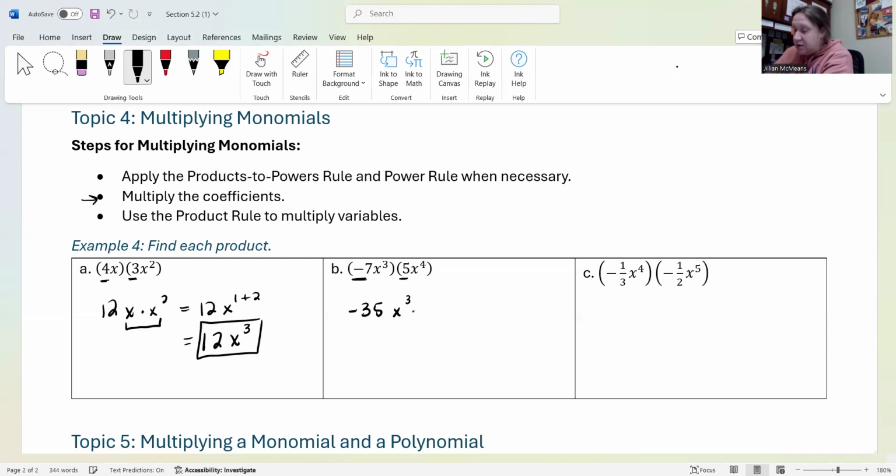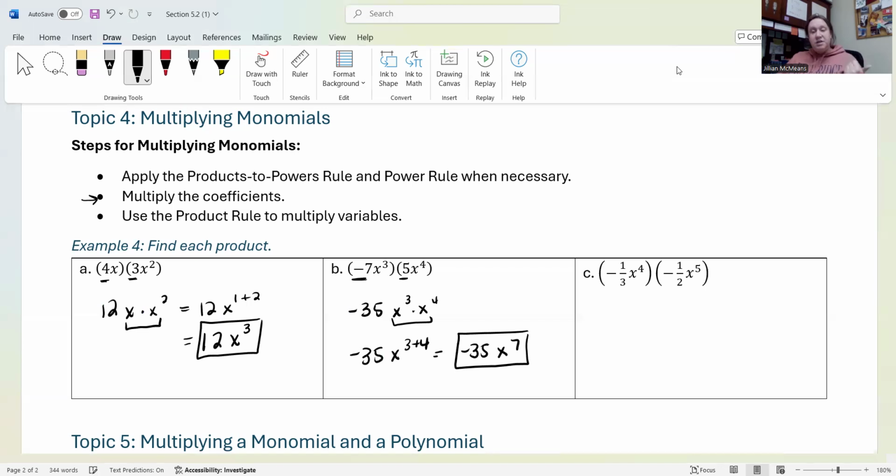So we have x to the third times x to the fourth. Well, this again is a product rule. I'm multiplying two things that have the same base. Okay, so I want to keep my -35 coefficient. I want to keep my base of x for this variable factor, and then I want to add my exponents. Well, 3 plus 4 is 7, so my final answer here is -35 x to the 7th power.